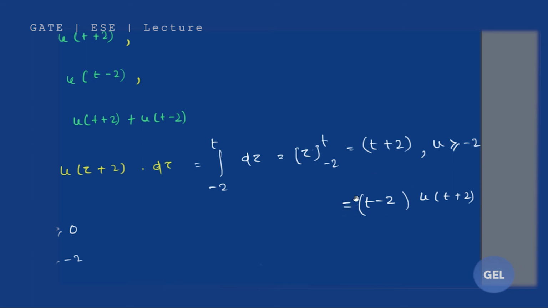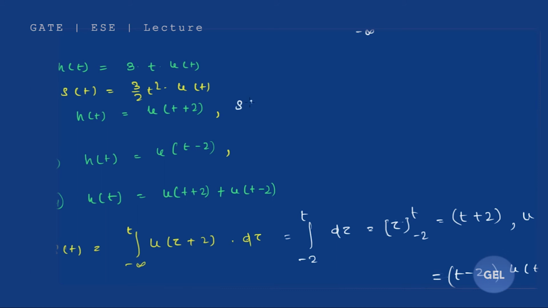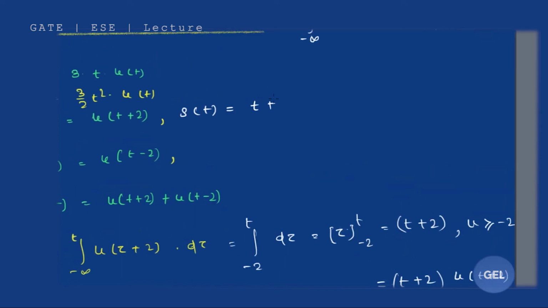Clear? This is the value that you are going to get. So the s of t value is t plus 2 u of t plus 2.